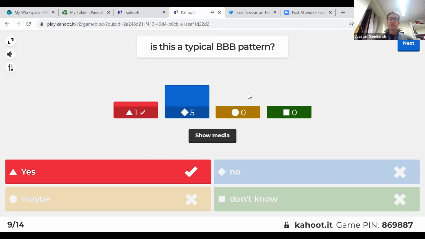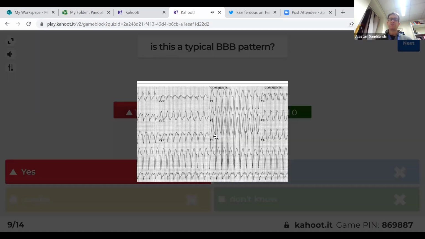It is. This is a typical bundle branch block pattern. We've got a negative in V1. We've got a left axis deviation. You don't have to, but it's supportive of left bundle branch block.